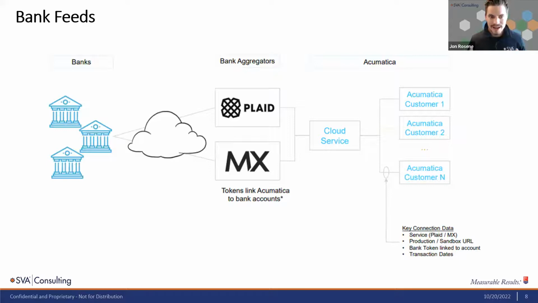How it works is that we have a collection of financial institutions. Many US and Canadian financial institutions are plugged into our bank aggregators here. We can see Plaid and MX as bank aggregators that are connected to our cloud service in Acumatica. That cloud service maintained by Acumatica helps the user interface with Plaid or MX. What that'll look like is logging in through this platform by entering your credentials for the bank.